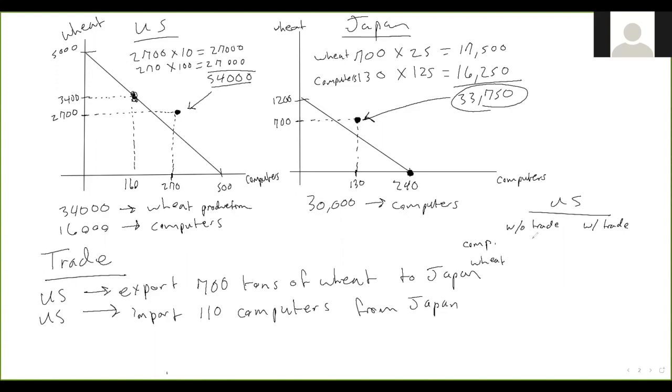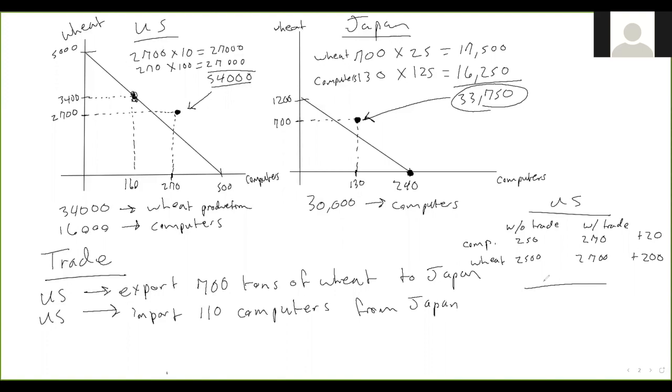So without trade, the US had 250 computers. With trade, they got 270. So we've got a gain of 20 computers. In wheat, they were at 2,500. Now they're at 2,700. So a gain of 200.